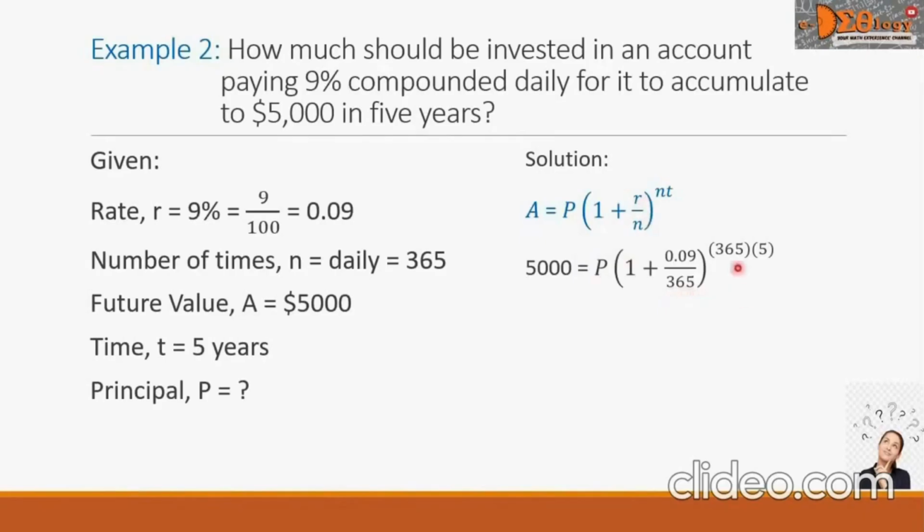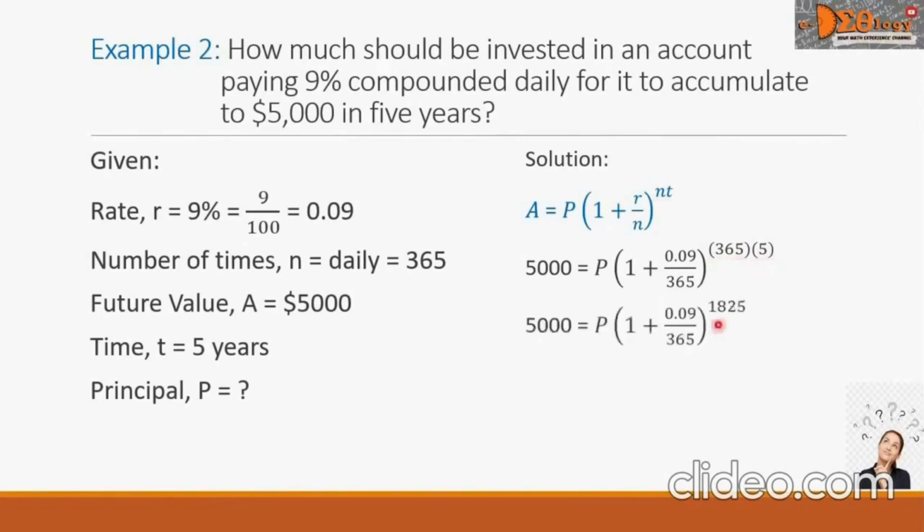And this value is raised to an exponent, and that is the product NT. N is 365 while T is 5. First, let us simplify by taking the product of the exponent, 365 times 5.